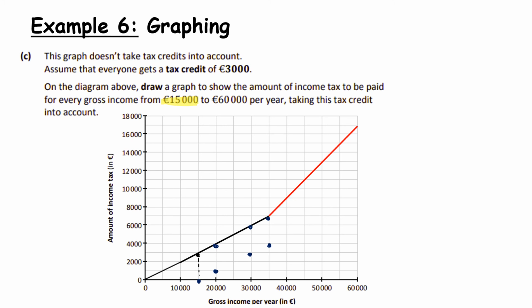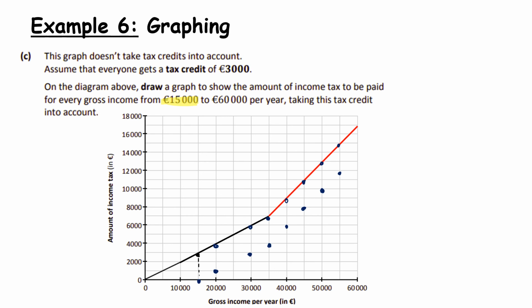So here's 40,000, and then 1, 2, 3, we're coming down 3,000 for each of them. So we're not working out a whole new set of values, we're reducing each point by 3,000 euro, and specifically the Y value, or in this case the income tax.